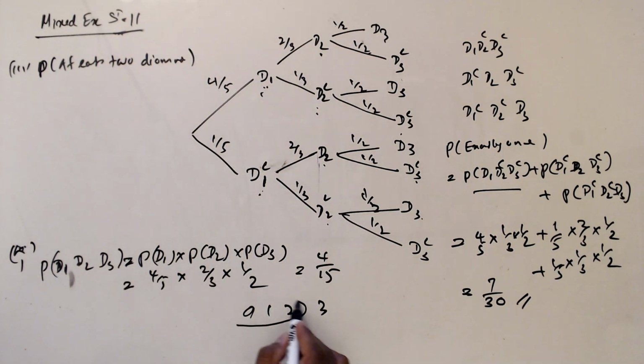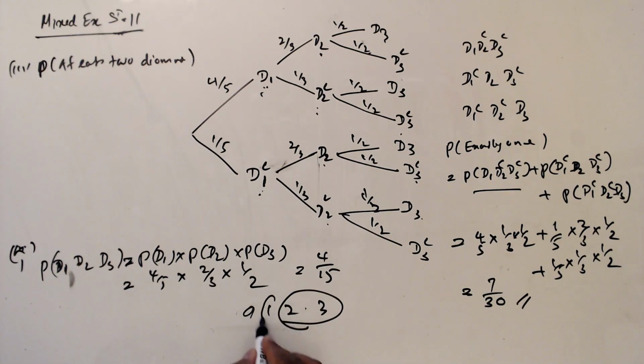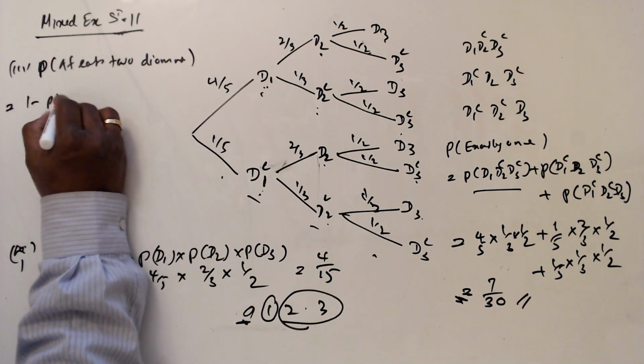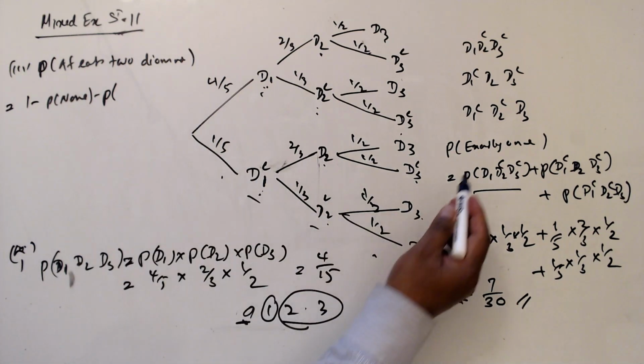At least 2 means 2 or 3. So we have found exactly 1 and we have to find none. It equals 1 minus the probability of none minus the probability of exactly 1.